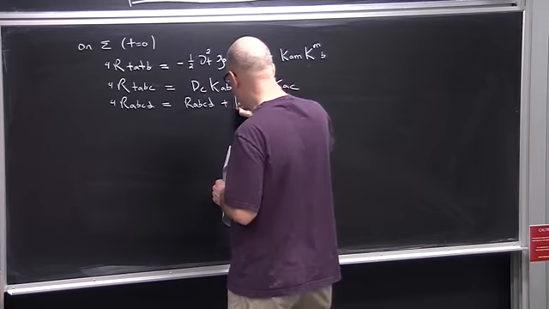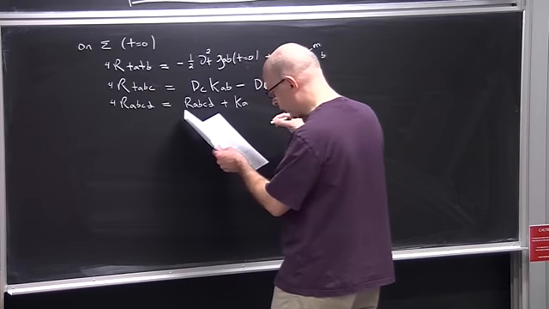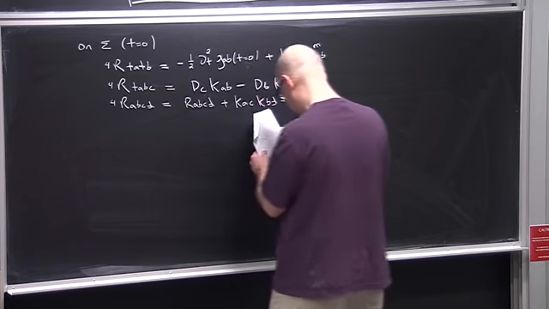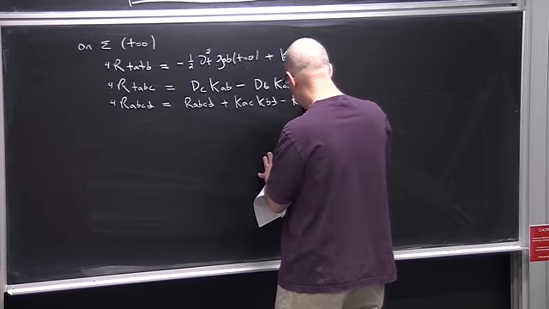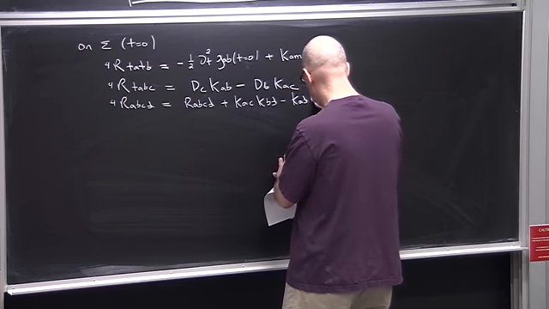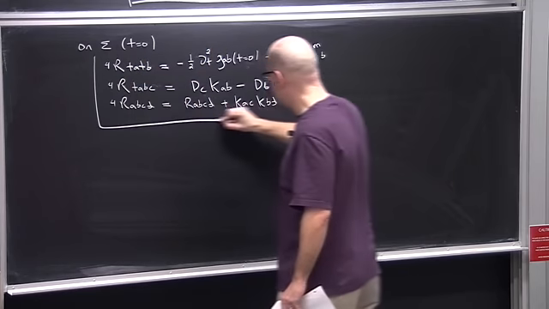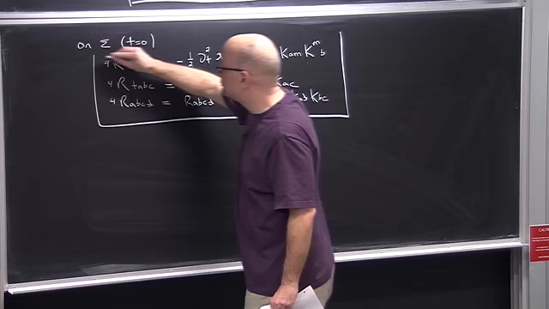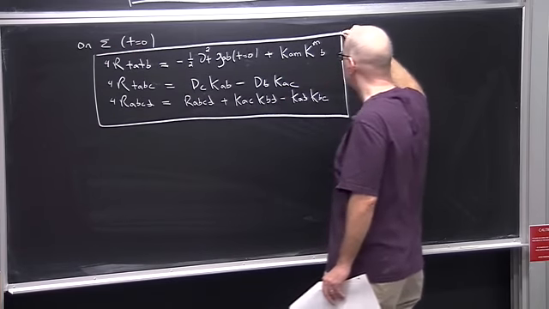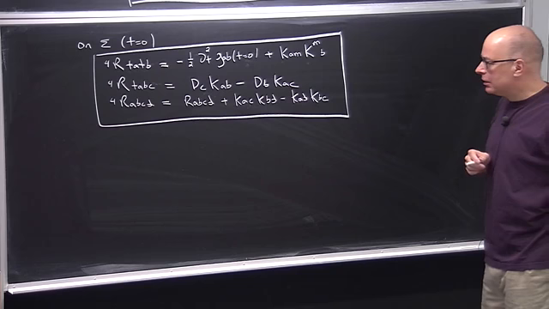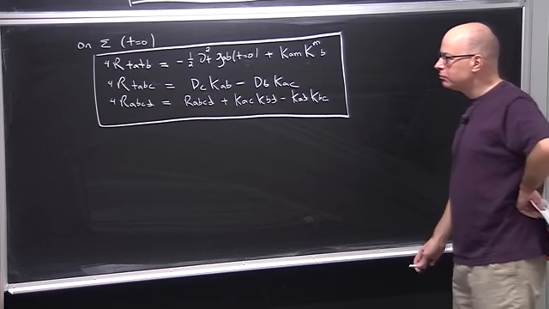And what's missing are terms in K that are quadratic in K. So that's the outcome of the calculation.